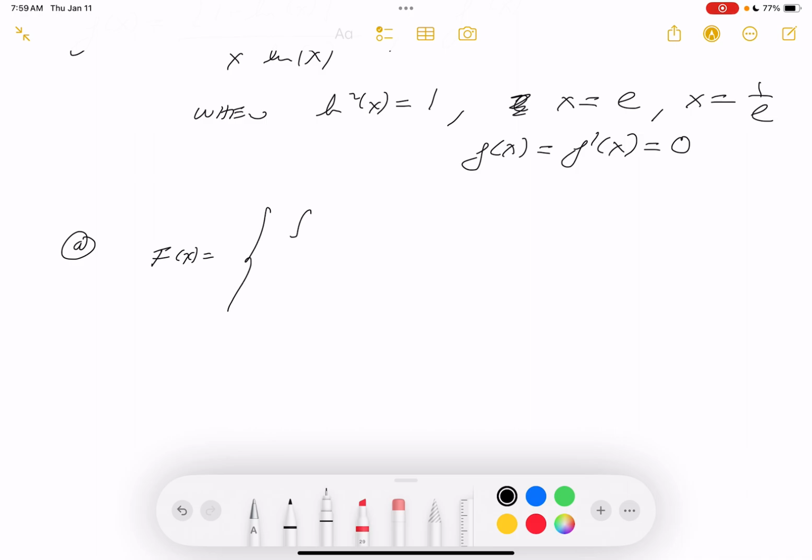And F of x is going to be either 1 over e to the x times the integral of f of t dt, and that's if the x is between 0 and 1. And then it's going to be equal to e to the x times the integral of f of t dt, and that's going to be true when x is greater than 1.